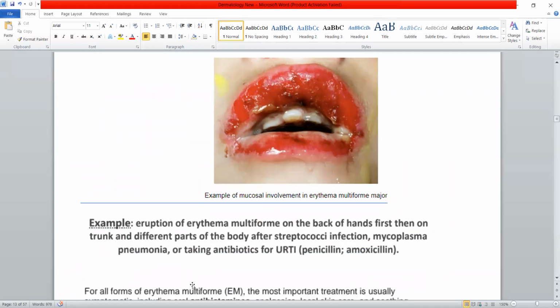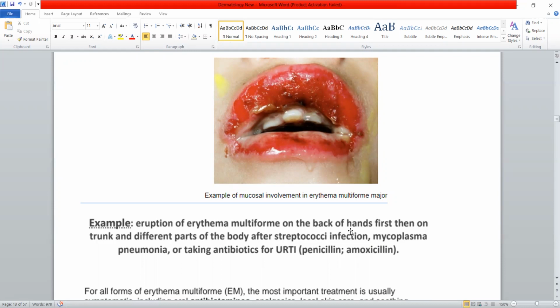In the PLAB 1 exam, how will questions on erythema multiforme be asked? Eruption of target lesions on the back of the hands first, then on the trunk and different parts of the body after a sore throat. So you can add one more condition related to the dermatology chapter that a person can develop after a streptococcal infection.